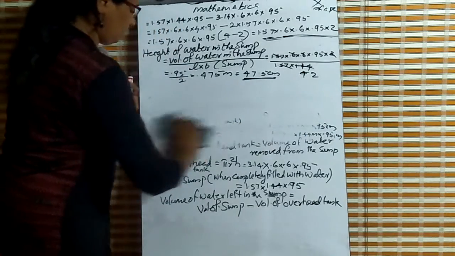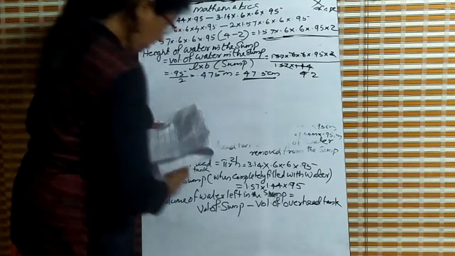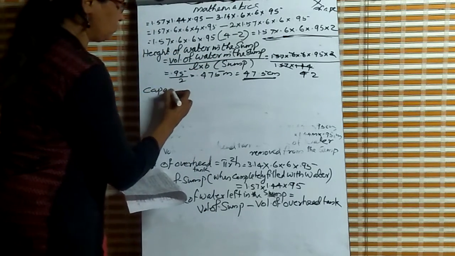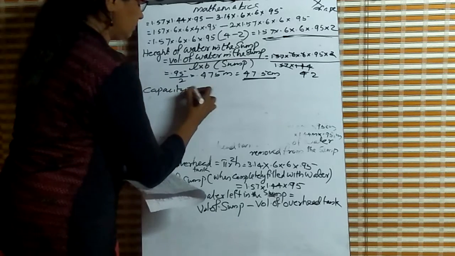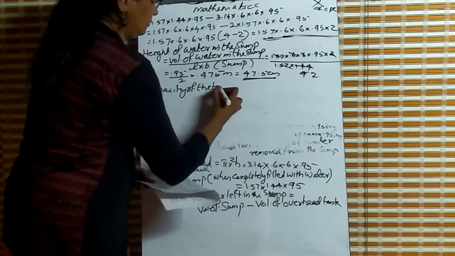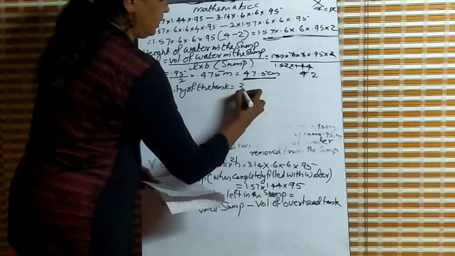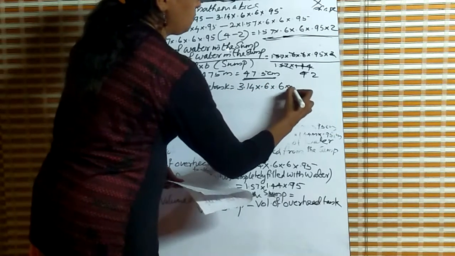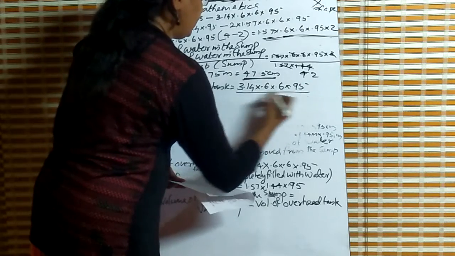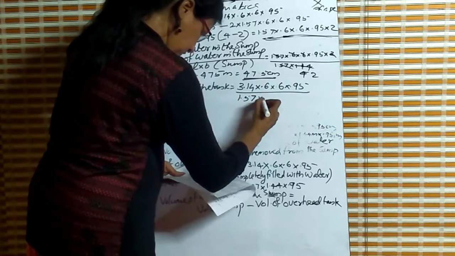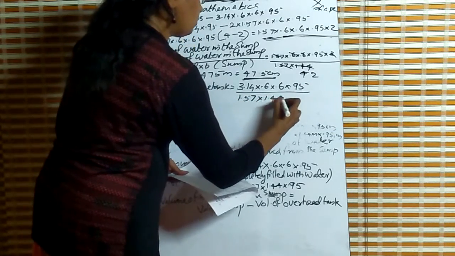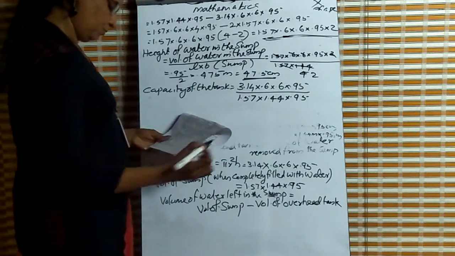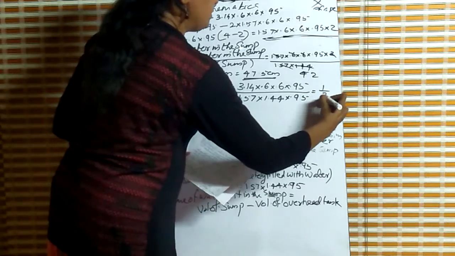For that, first, capacity of the tank is equal to 3.14 into 0.6 into 0.6 into 0.95 divided by 1.57 into 1.44 into 0.95, which is equal to 1 divided by 2.